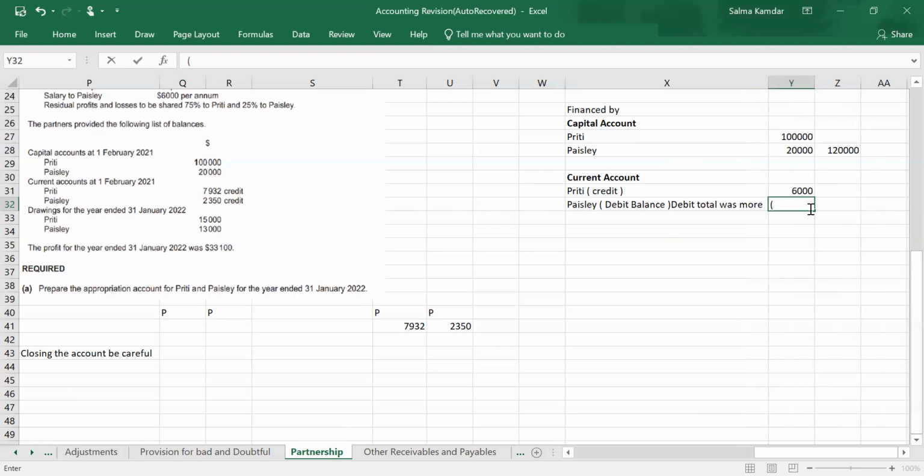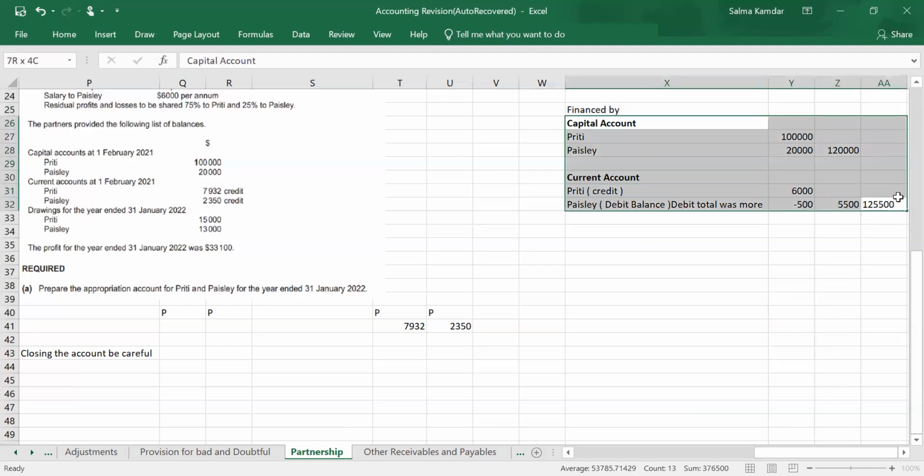So what will I do? I will put this figure in bracket. I will get the figure after deducting 5,500. And then I will total the capital account and the current account and write it over here. Are you with me? This is the only new part in the balance sheet of a partnership.